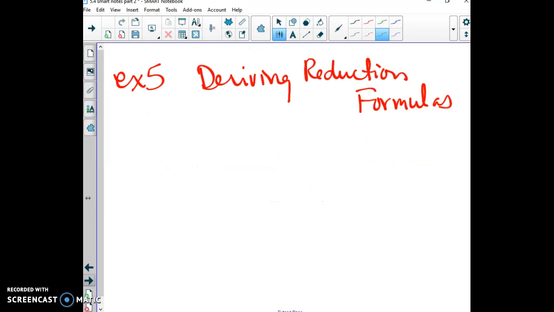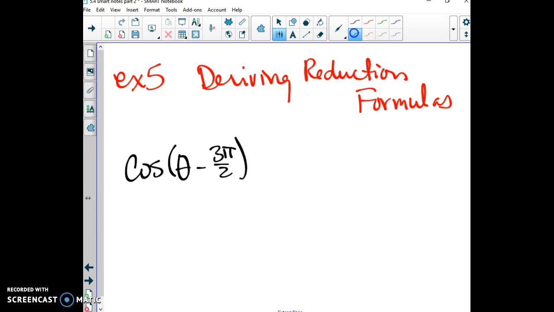Let's take a look at example 5. Example 5 says we're going to derive one of our new formulas. It's a reduction formula. We're going to simplify cosine of theta minus 3 pi halves. And we'll just start with that one.